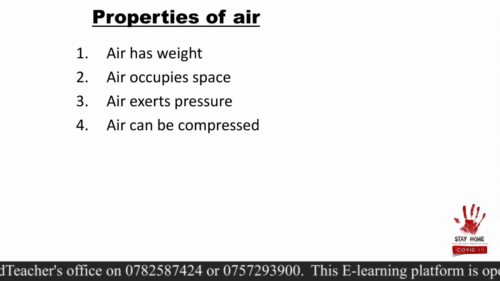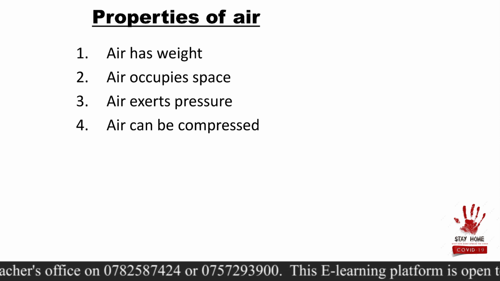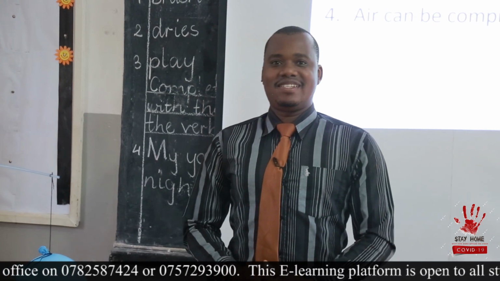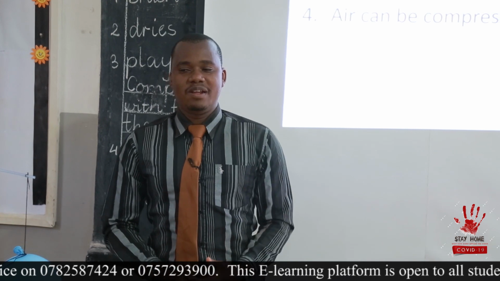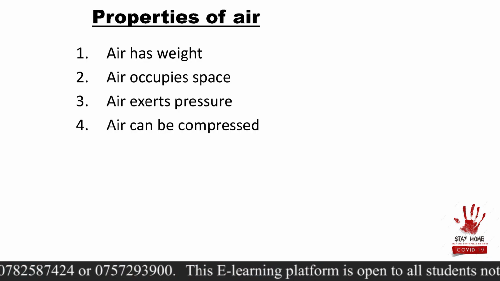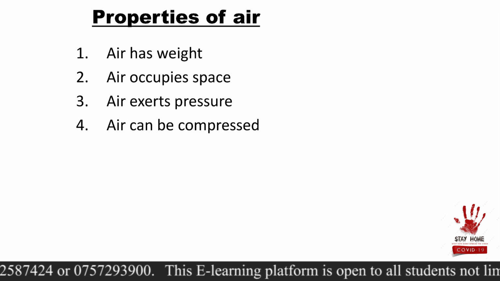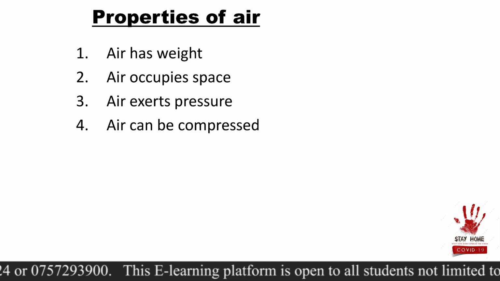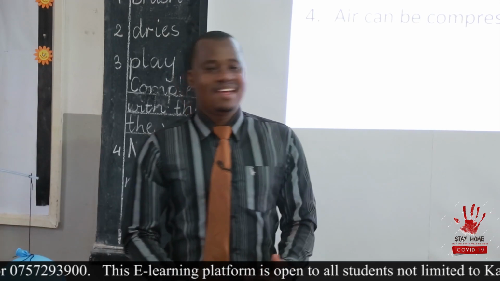Can we say that, my children? Air can be compressed. Can we say that again? Air can be compressed. And lastly, can we spell the word compressed? Compressed quickly. C-O-M-P-R-E-S-S-E-D. So you keep practicing these words and their right spellings, my good children.